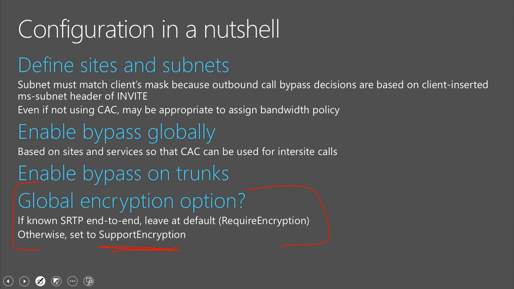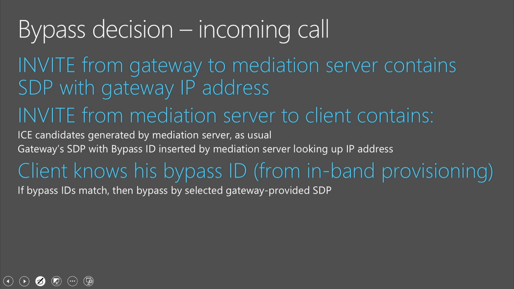Bypass relies on these bypass IDs. And I said we want to do it within a site. So a bypass ID is really a unique identifier for a site. And we pass that around when we're negotiating the media path in call setup, where there's this session description protocol that is passed between the gateway and the client.